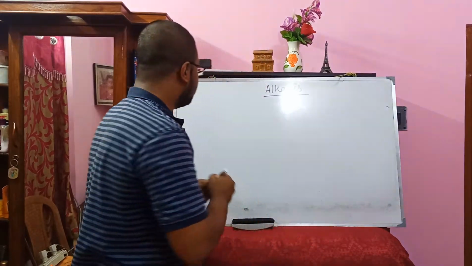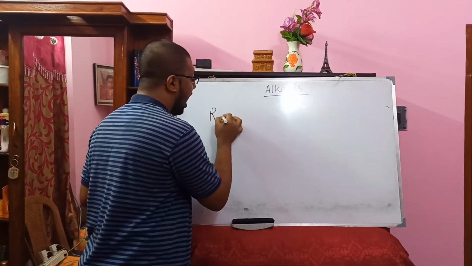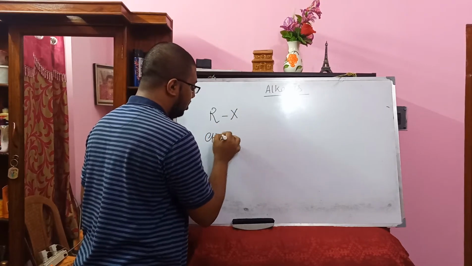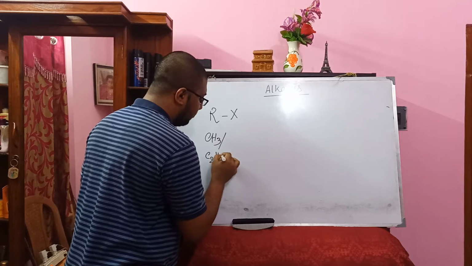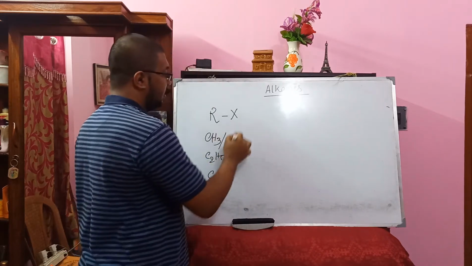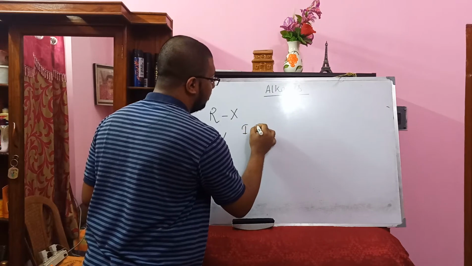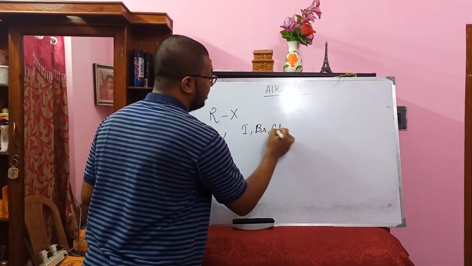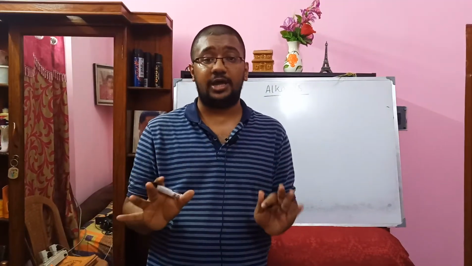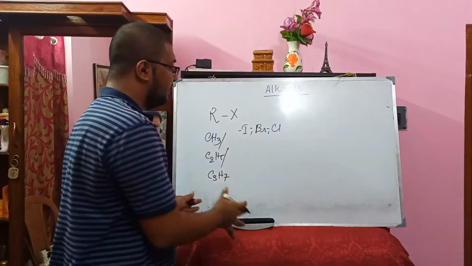That is the general formula you require, that is R and an X. This R can be CH3, C2H5, C3H7, anything. This X can be iodine, bromine, chlorine and so on. If there is some exception, that is okay, but otherwise this pattern will be followed.